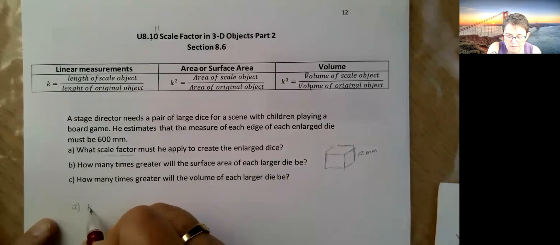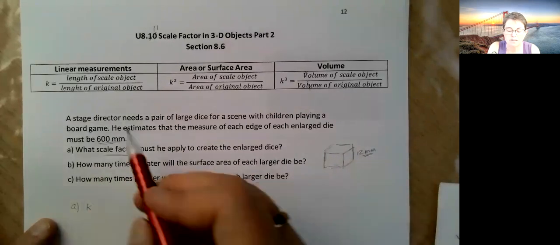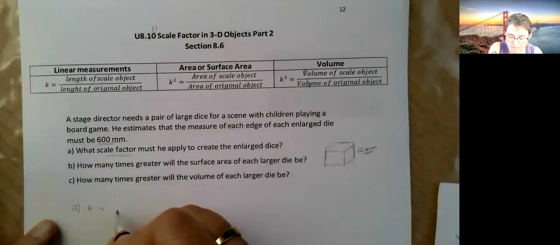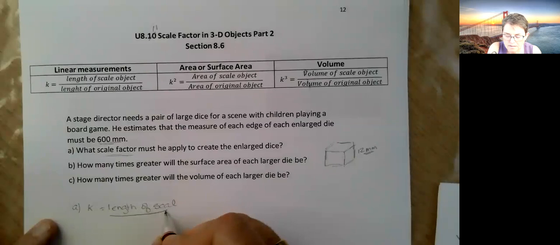Well, let's just go with plain old K, because he's talking about the length of an edge. So that's a linear measurement. Length of scale divided by length of original.